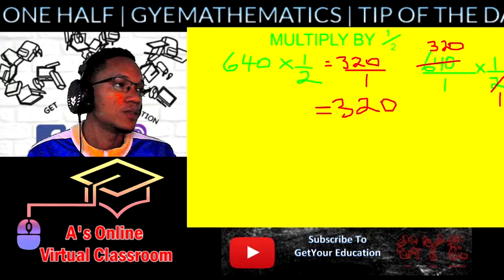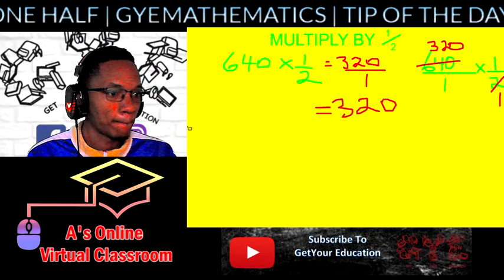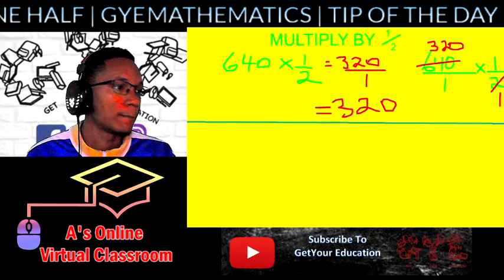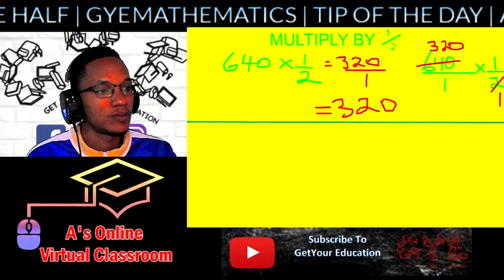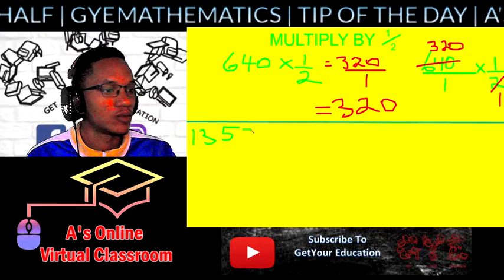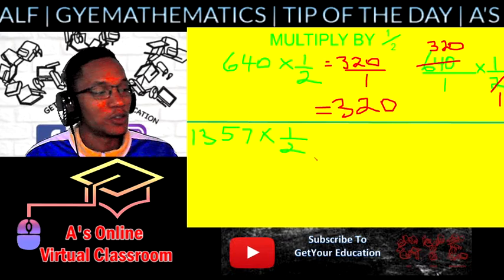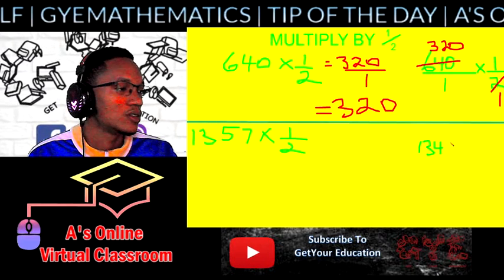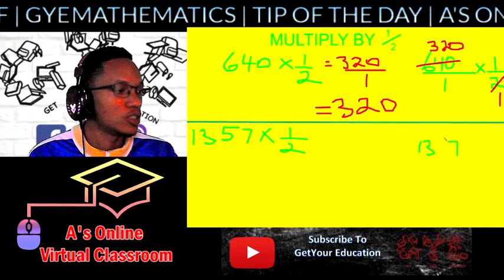We could do that same thing on this side. The number was 1357. Multiply by a half. So again, we will just see that we're going to end up with a division taking place.